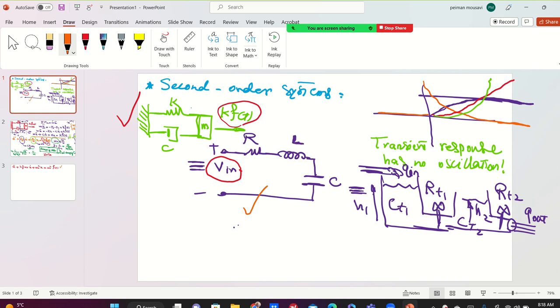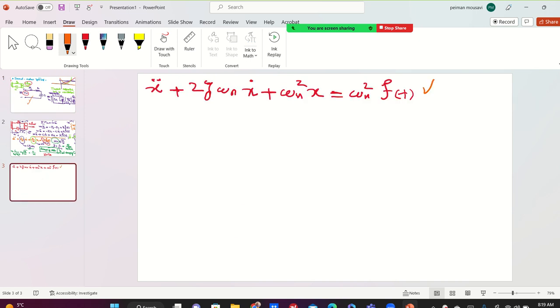Your RLC circuit has a damping ratio. The tanks of water in series have a damping ratio. That's why this is called modeling of physical systems. In this course, you learn how to find the analogies between systems and analyze them with only one equation.